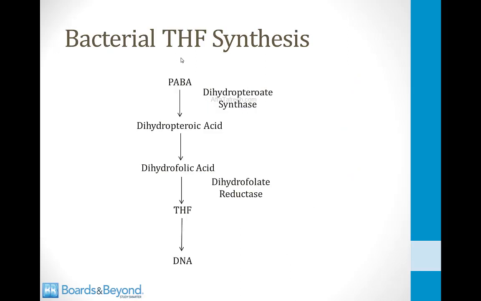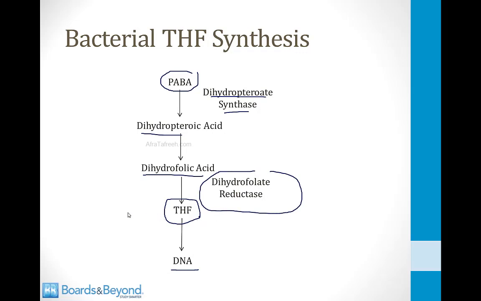So here's a slide showing how bacteria convert PABA into tetrahydrofolate to use for the synthesis of DNA. The first step involves an enzyme called dihydropteroate synthase, which converts PABA into dihydropteroic acid. That is then converted into dihydrofolic acid, which is converted by bacterial dihydrofolate reductase into tetrahydrofolate.